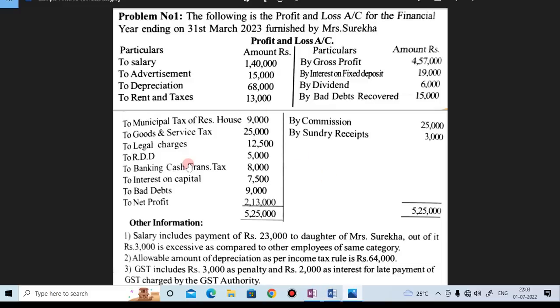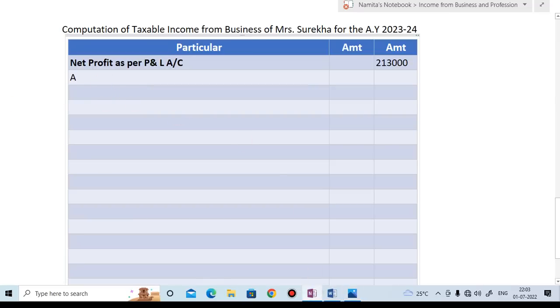You will get disallowed expenses in the debit side of the profit and loss account. So in the format write, add disallowed expenses. Disallowed expenses are those expenses which are not related to business.